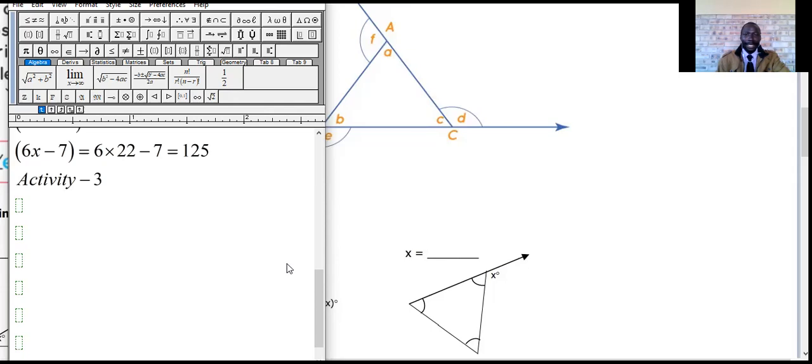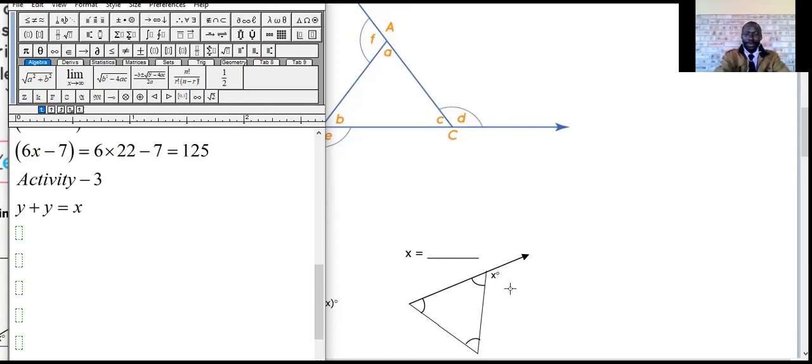Let's say the interior angles are represented by y for each. So this is y, and this is y. So that means when we add y to y, we must be able to get x.